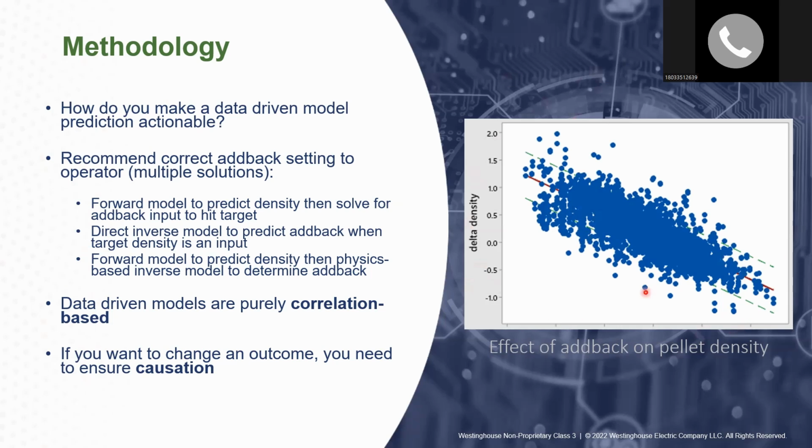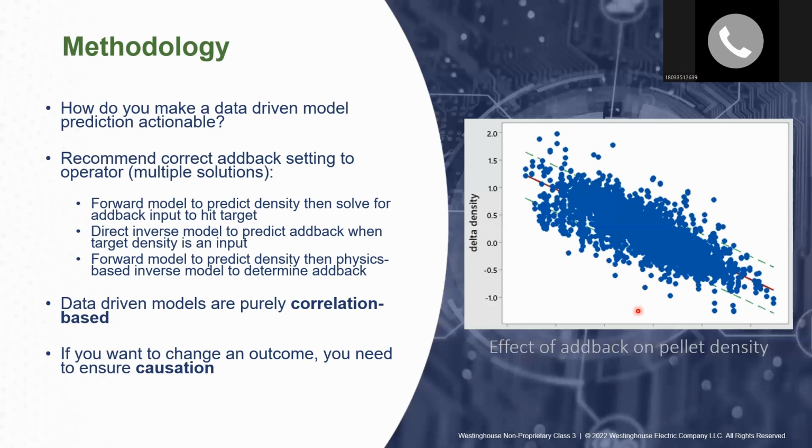And you can see that relationship has a lot of variation in it as well due to other manufacturing variation that's present. But with a data-driven model, it's purely correlation-based. There is no guaranteed causation. So your model may not have the physical effect that you expect it to have. We knew that this was the physical effect that exists.